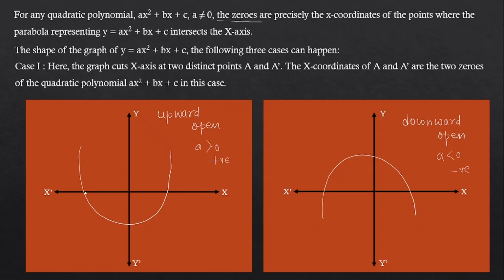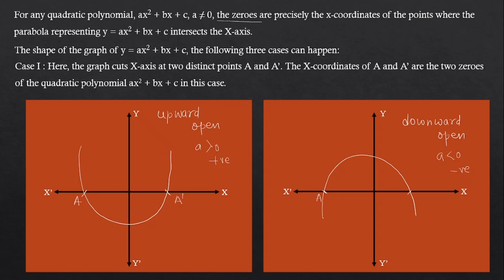In this kind of parabola, as you can see, the graph is cutting the x-axis at 2 points. So for this particular polynomial, we will get two different roots. Likewise, here we will get two different roots. Now, if we assume that the graph is cutting the x-axis at points A and A dash, the x coordinates of A and A dash will be the zeros of this quadratic polynomial.